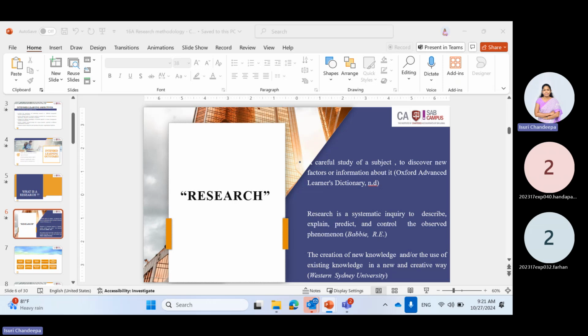Right. Agency theory, stewardship theory, stakeholder theory. What do you mean by agency theory?